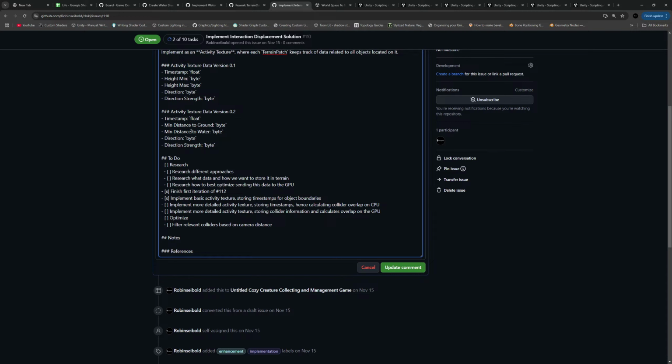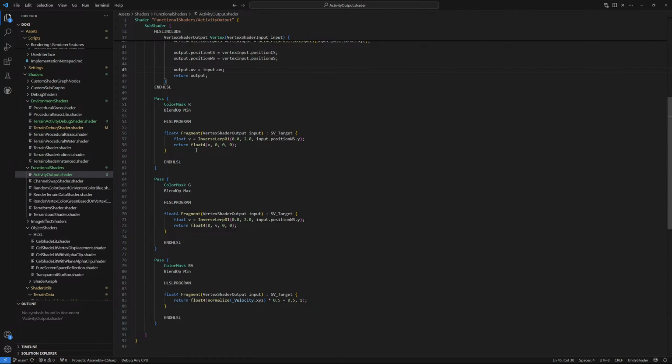If we do min distance to ground and min distance to water, do we reset this one each frame or do we keep it? If we don't reset it, how could we make sure that we get the minimum distance? Because if we do blend min, if it's already less in the texture, we're not going to write to the texture.